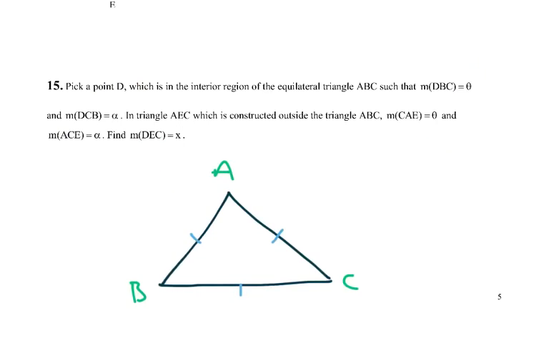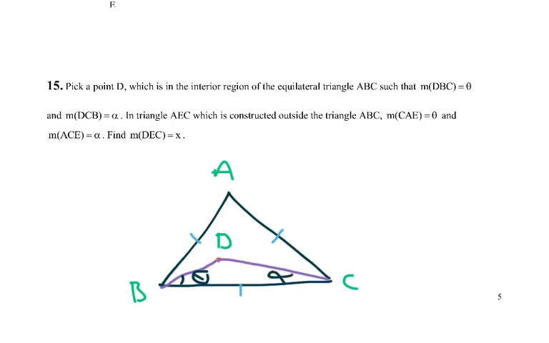15, it's a complicated one, says pick a point D, so let's call this D, inside the interior region of ABC such that DBC is theta, so let's just draw that. DBC is theta and DCB is alpha. Super.